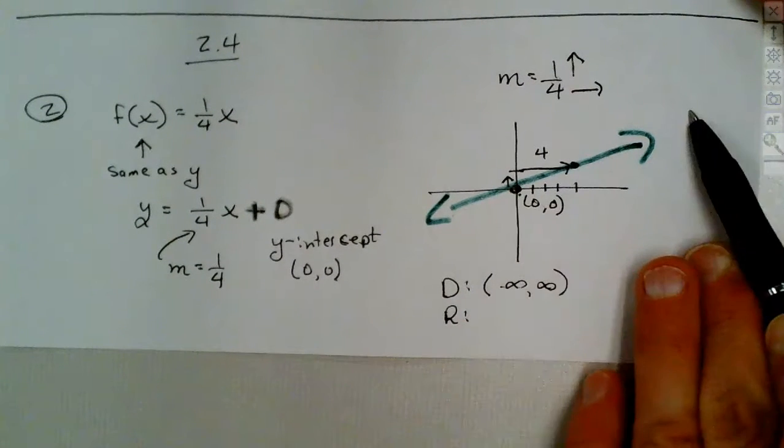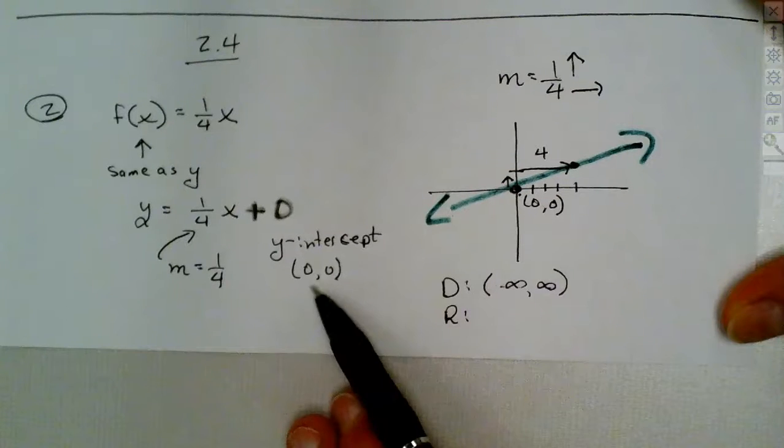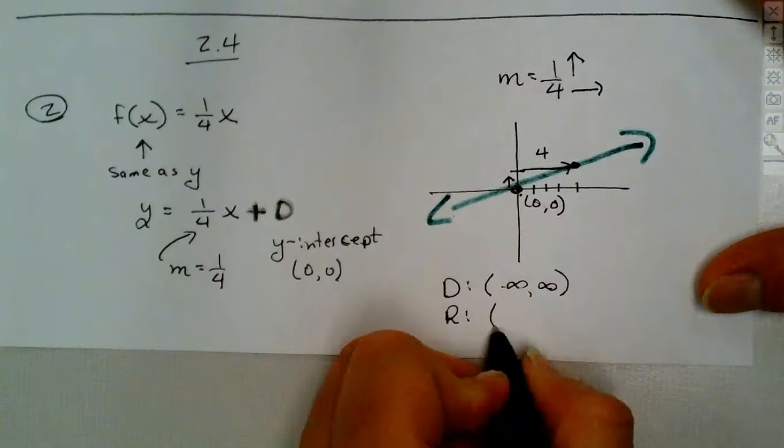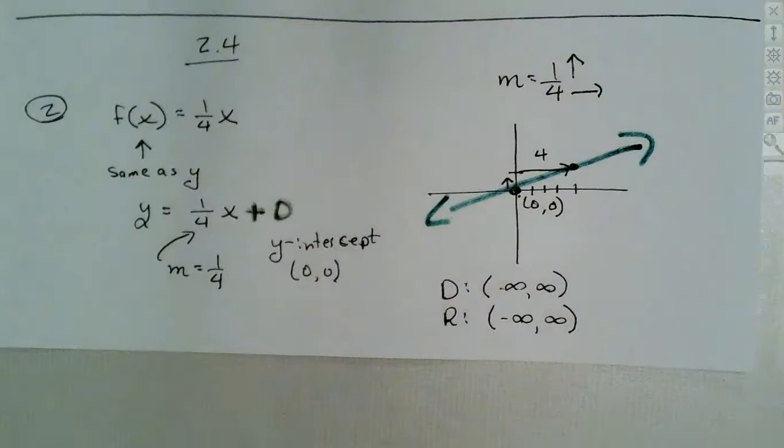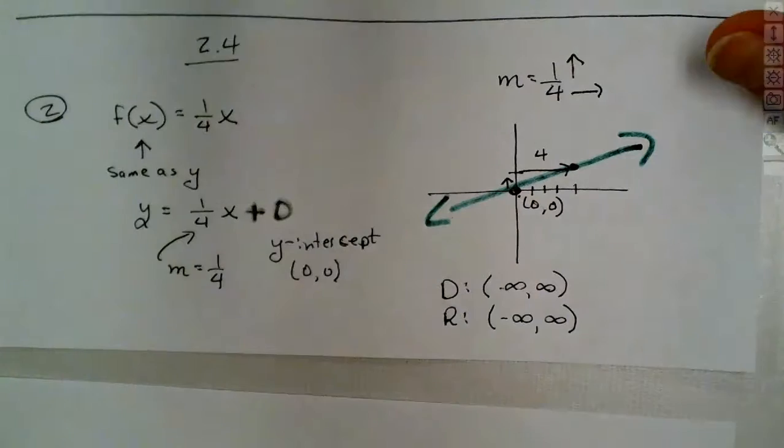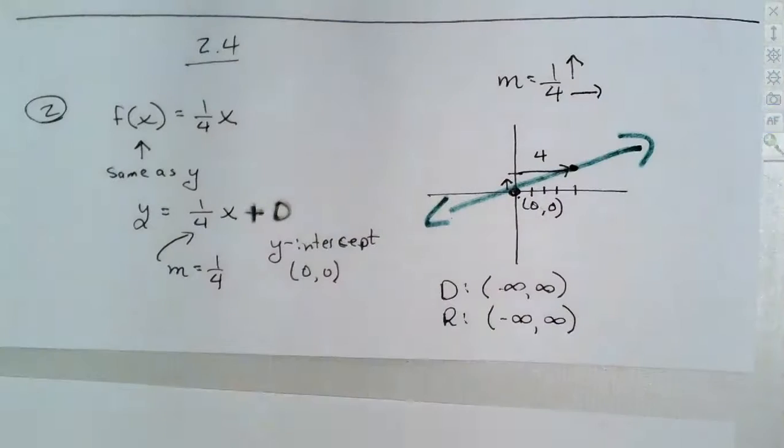It goes up to positive infinity, down to negative infinity. So my range would also be negative to positive infinity. So that one was just graphing it and also finding the domain and the range.